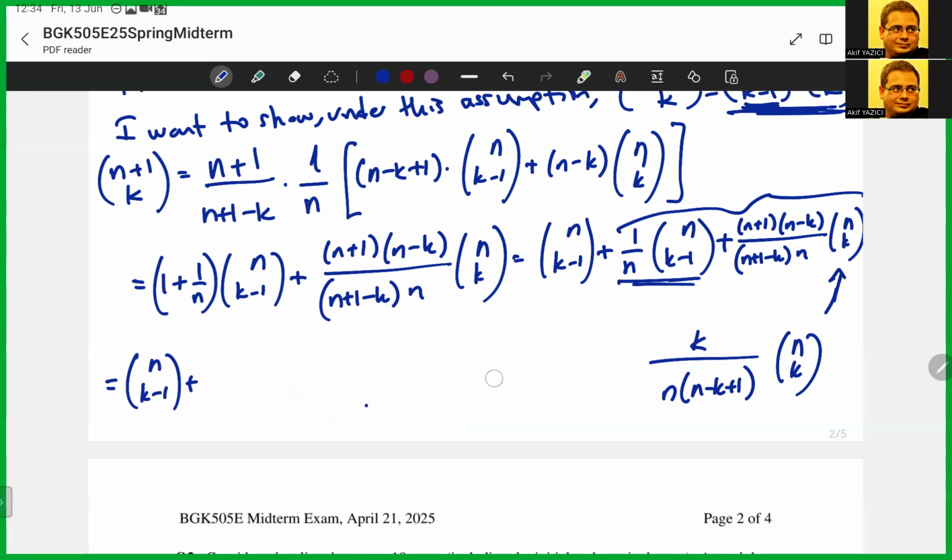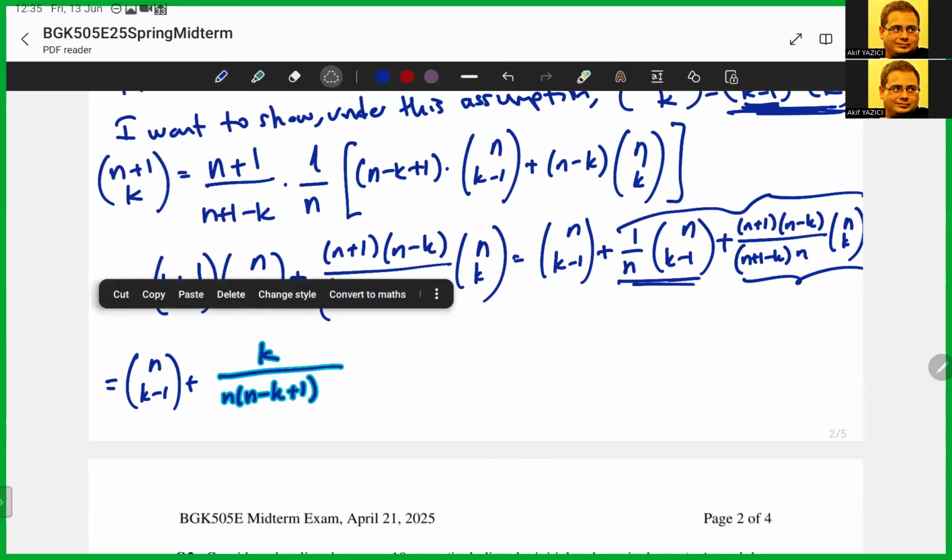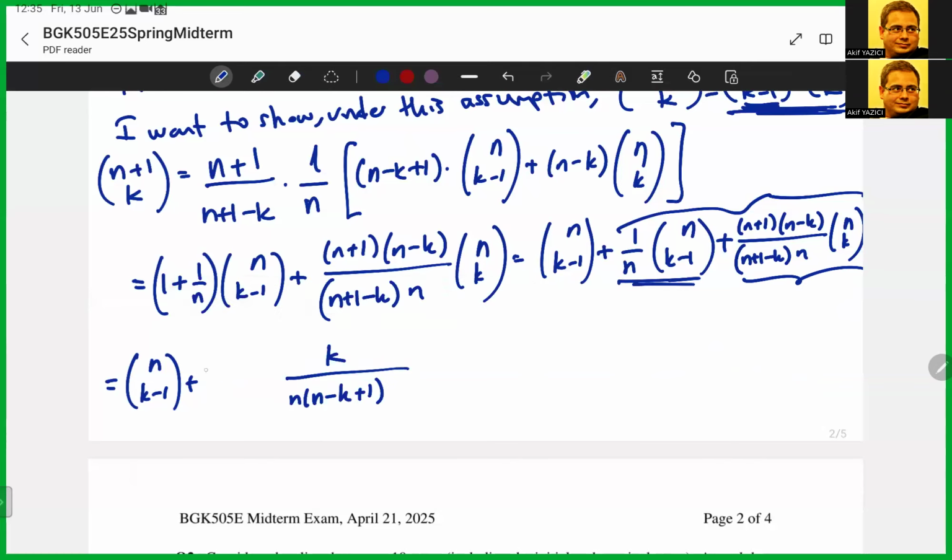And instead, I'm going to put this here: n minus k plus 1, k here, and n choose k, plus this final term here. So in fact, I'm going to put that in n choose k parentheses like so. So I'm going to move this here. So I'm going to put n choose k here, big parentheses.